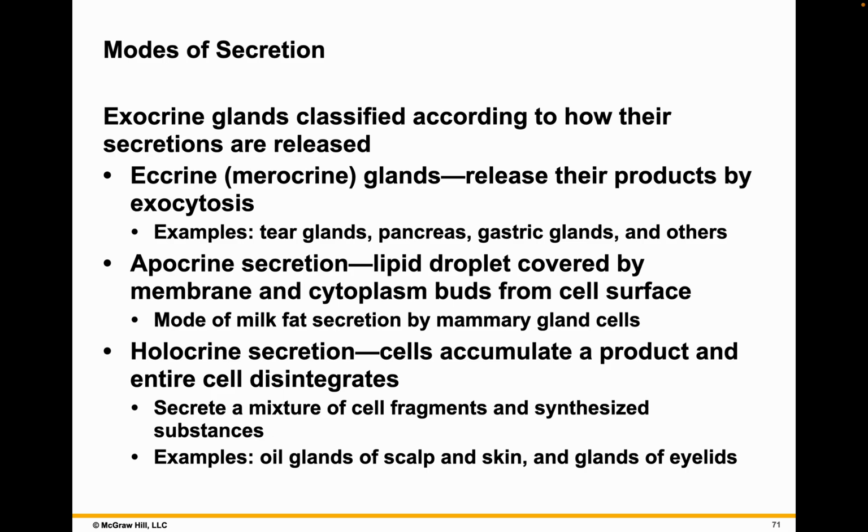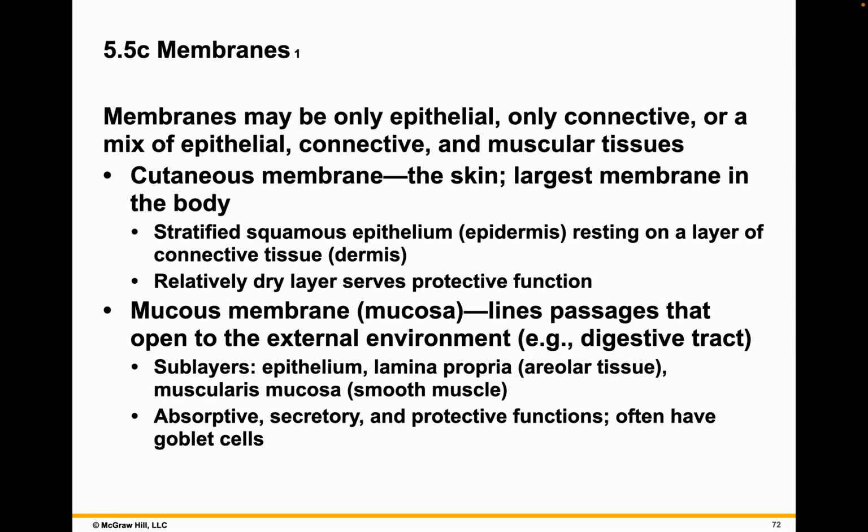This is how milk fat is secreted by mammary glands. And holocrine secretion, where the cells accumulate the product and the entire cell disintegrates. That secretes a mixture of cell fragments and synthesized substances. Oil glands of the scalp, the skin, and glands of the eyelids are holocrine glands.